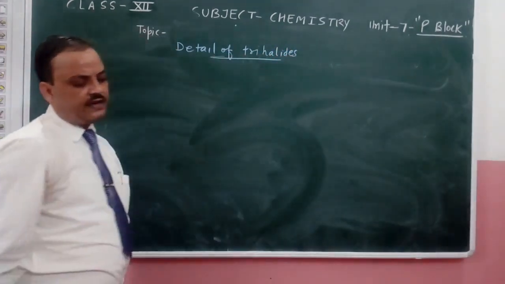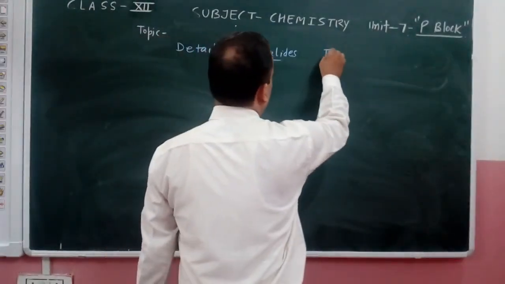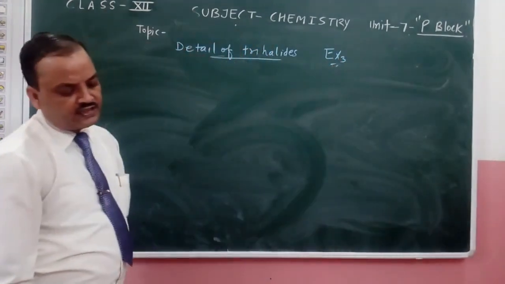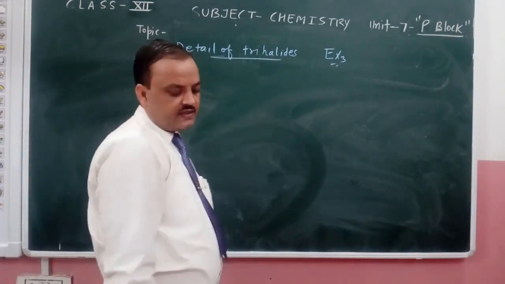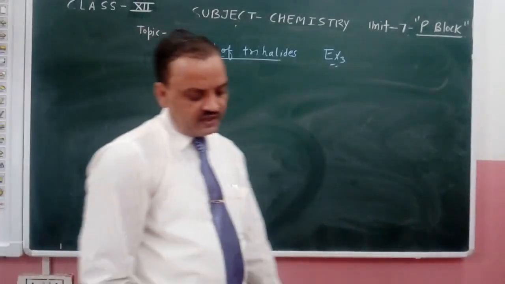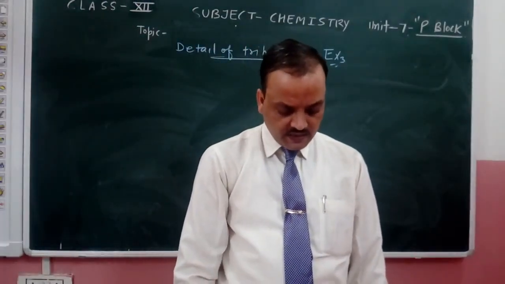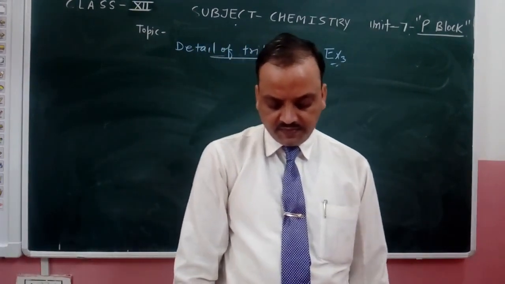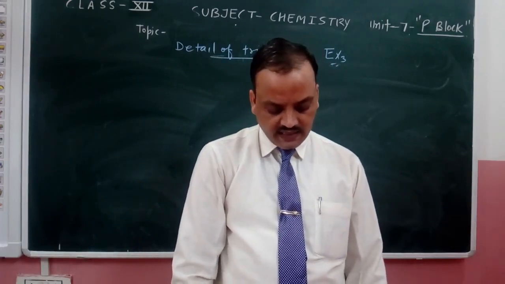In this detail, we know that the general formula is EX3, and some general examples we know. Ammonia is the simple trihydride. We have the general examples of this like PF3, PCl3, PBr3, PI3.